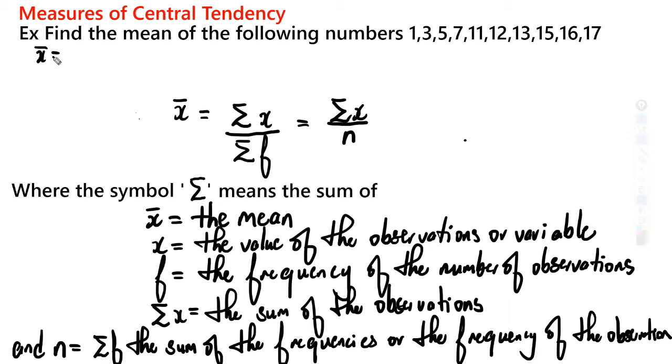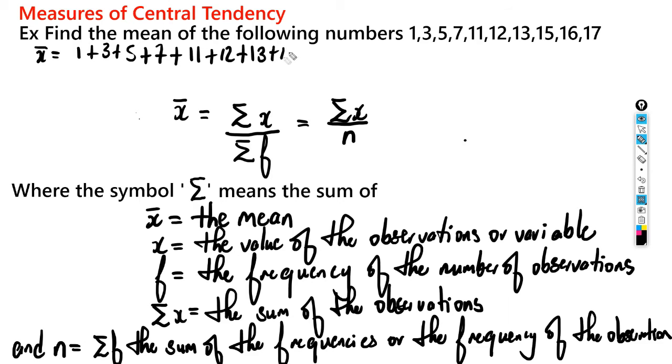x bar, which is the mean, is equal to 1 plus 3 plus 5 plus 7 plus 11 plus 12 plus 13 plus 15 plus 16 plus 17. And that's what the sum of x means. It's the sum of all the numbers, right, guys?